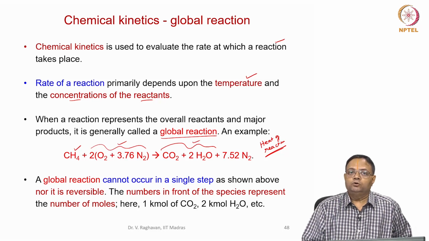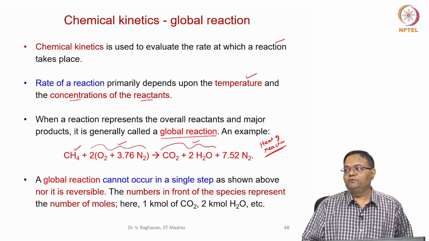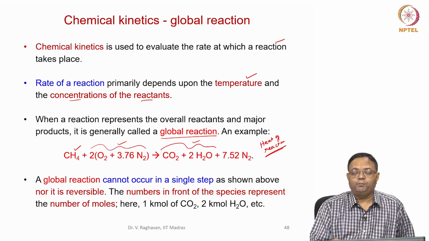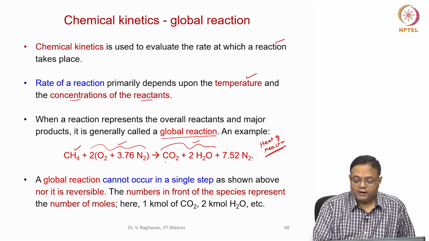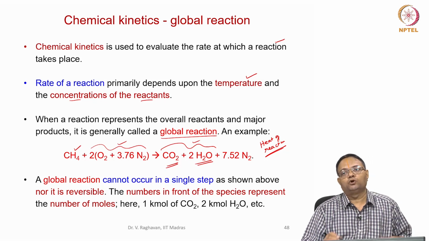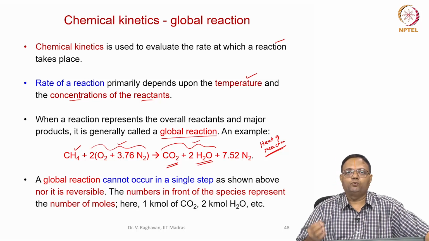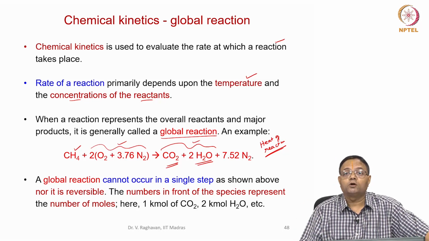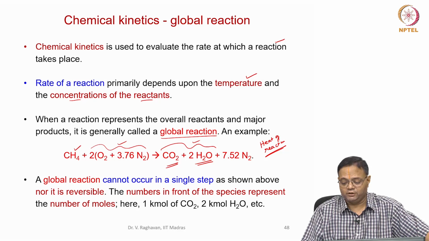But to calculate the maximum temperature accurately, we have seen that it is not possible when you have only the major products CO2 and H2O and consider no dissociation. You predict 200 Kelvin, 300 Kelvin more than the possible or measured temperature.